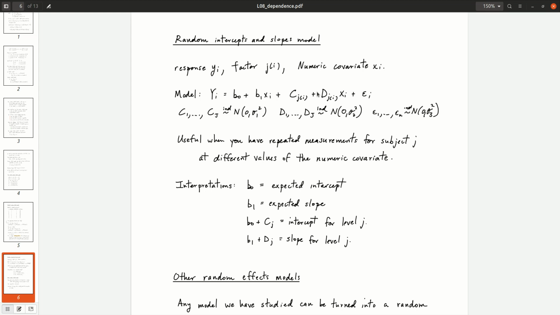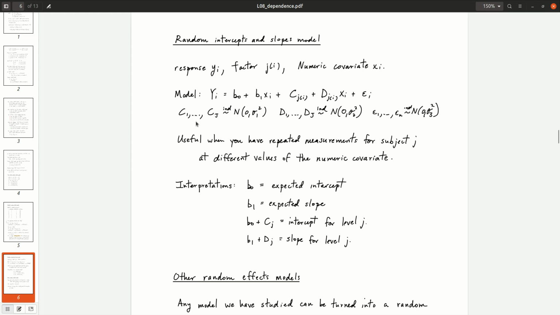That factor we'll notate as j of I. In this model, we're going to have a numeric covariate given by x of I. Here's the model: capital Y is B0 plus B1 x I. This looks like things we've seen before. But now we add to that C sub j of I plus D sub j of I x I plus epsilon I.